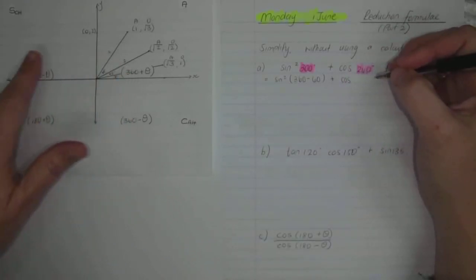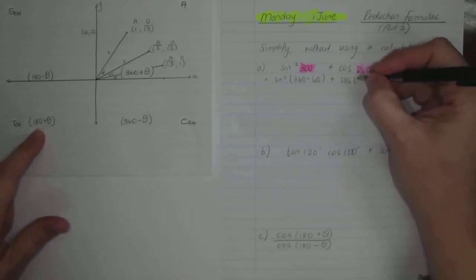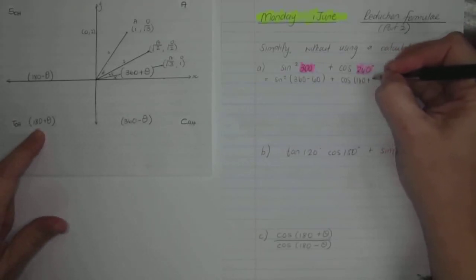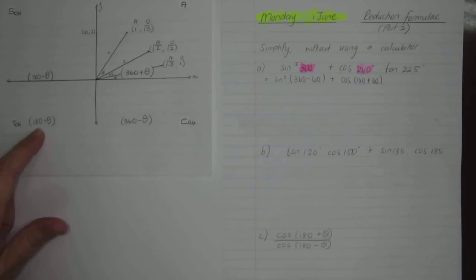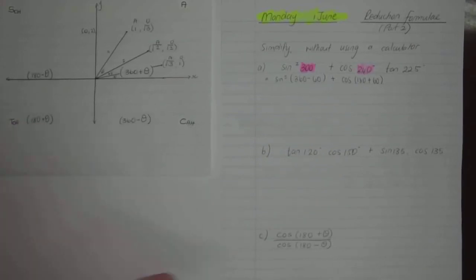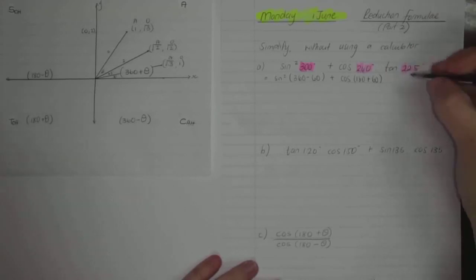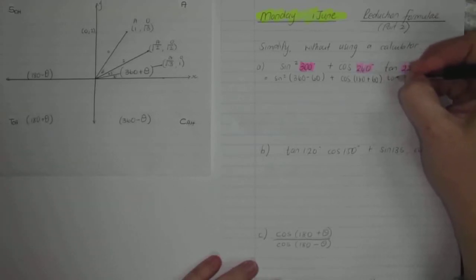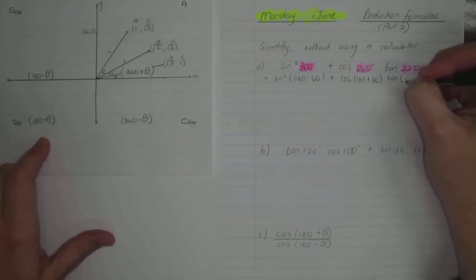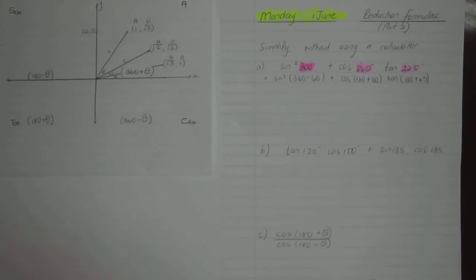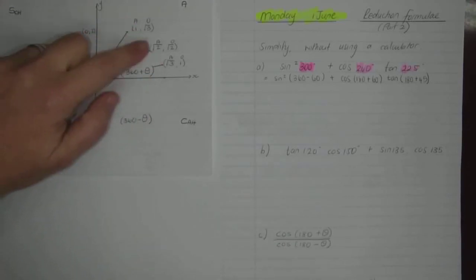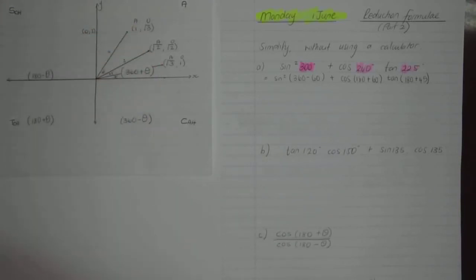Looking at my angles, I will have 180 plus 60 is 240. My next problem there is 225. So I can write 225 as 180 plus 45. Right, we're halfway there to getting to an acute angle so that I can use my special angles.